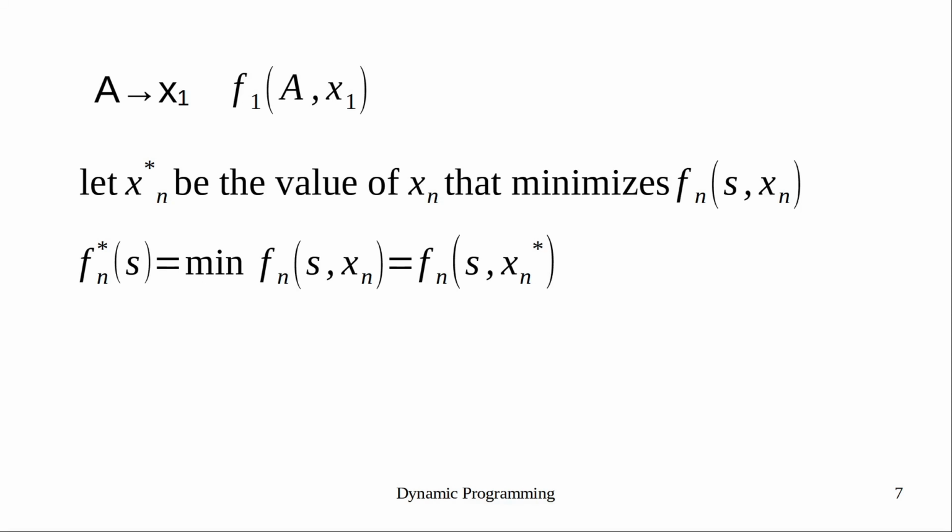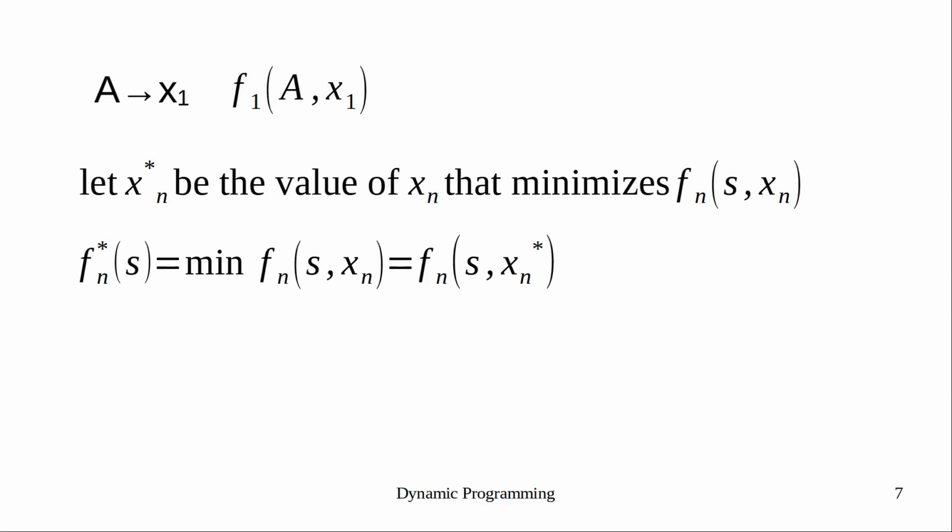The value of function at that point, that is at A, is going to be F1(A, X1). Now X1 has two choices. It can be either from A to B or A to C. Now the value of the stagecoach run, that is the value of the insurance premium at A to B or A to C, out of these two, that value of the stagecoach run which minimizes F1 is known as Xn star.